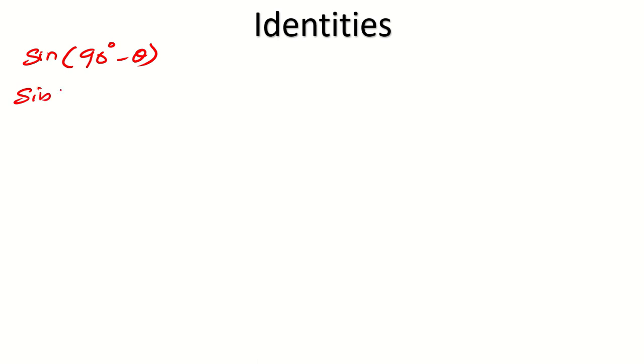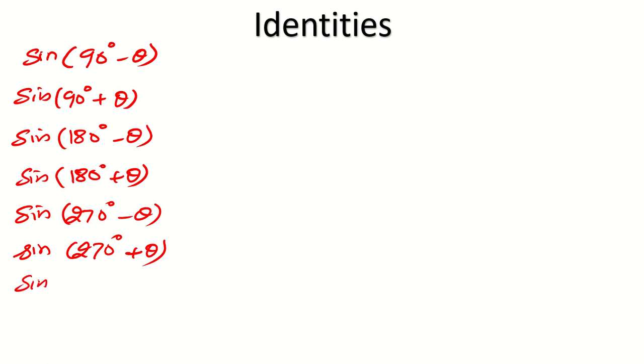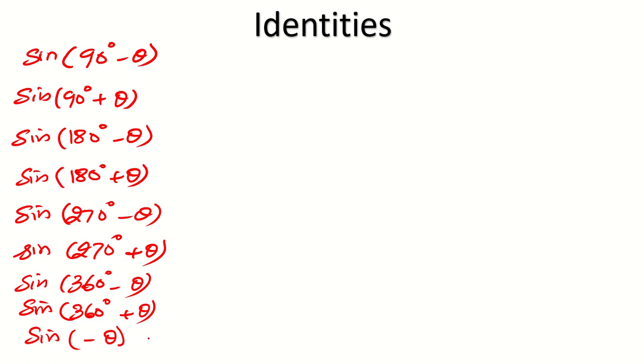Another can be sine 90 degree plus theta, then sine 180 degree minus theta, then sine 180 degree plus theta, then sine 270 degree minus theta, and then sine 270 degree plus theta, sine 360 degree minus theta, sine 360 degree plus theta, and last sine minus theta. Okay, now you will see how many are these identities.